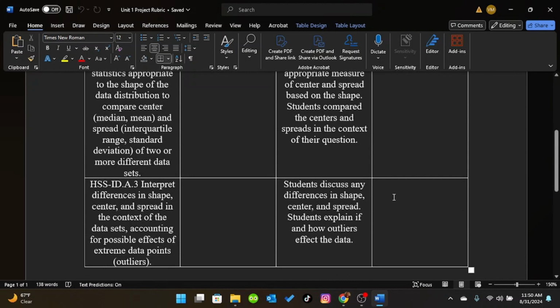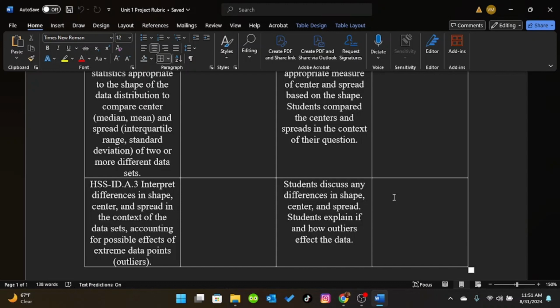And lastly, for the third standard, you will meet expectations if you discuss any differences in shape, center, and spread, and if you explain how outliers affect the data. Again, if you leave out any of these parts, or if any of these parts are incorrect, then you would be in the does not meet expectations column.